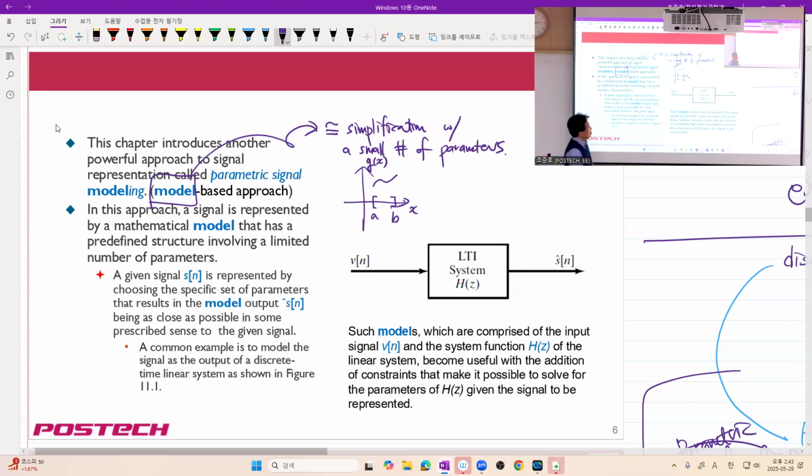Now, G could be any continuous function on this interval. In that case, how many parameters do we need to completely specify this function? How many? In general, uncountably infinite. Because this graph itself looks simple, but it could be any function.